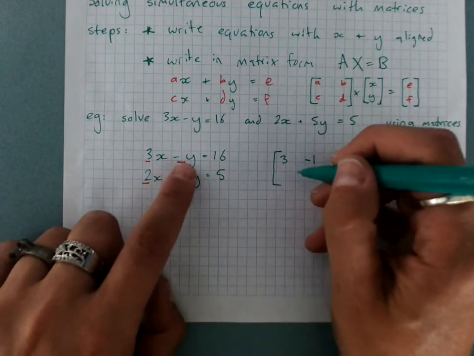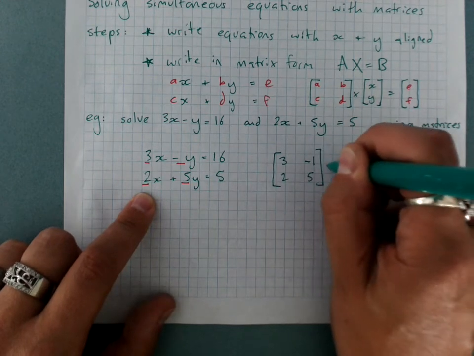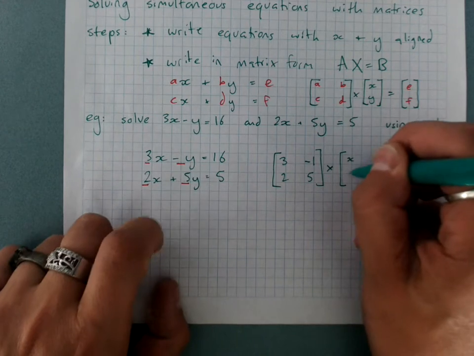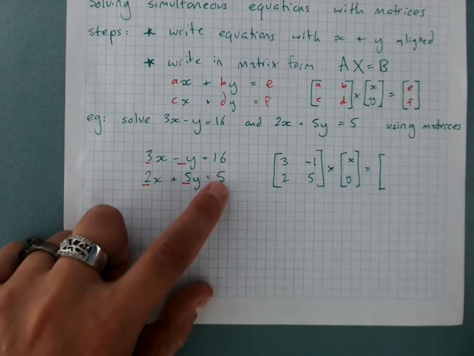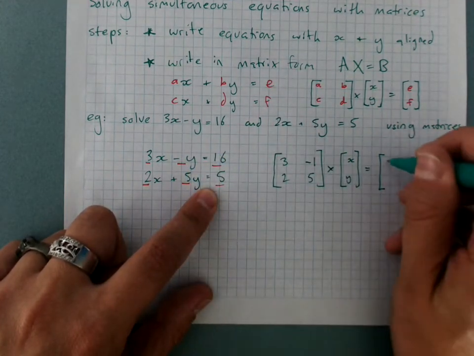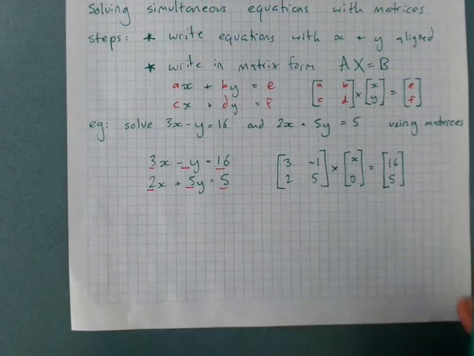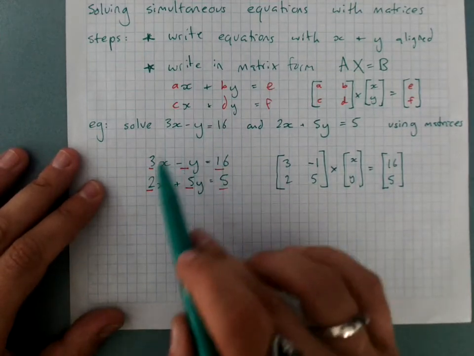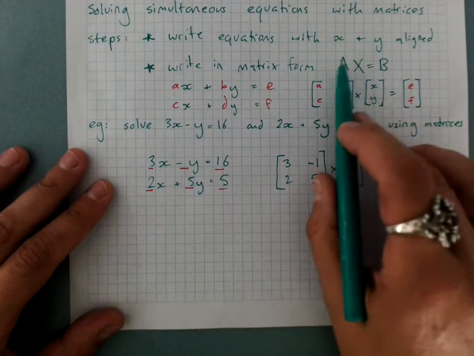If it was plus, it would be just 1. That's my matrix A. Matrix X is x, y, equals matrix B, which is the answers. And now I've got a lovely set of matrix equations that I can use to solve these simultaneous equations. We solve them the way we would do that.